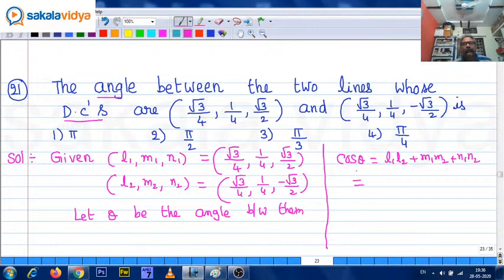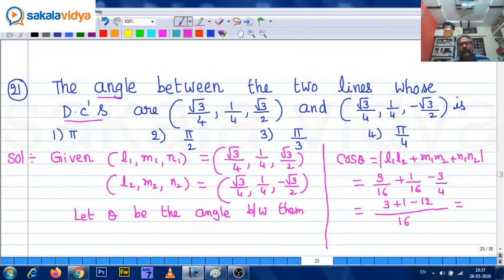So root 3 by 4 into root 3 by 4 gives 3 by 16, plus 1 by 16, and this will be minus 3 by 4. 16 is the LCM, so 3 plus 1 minus 12. Take the modulus now because all are acute angles.